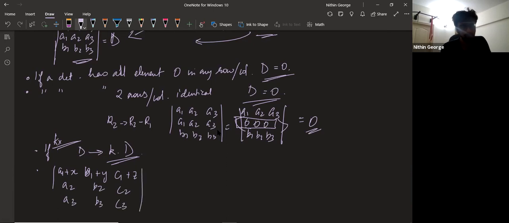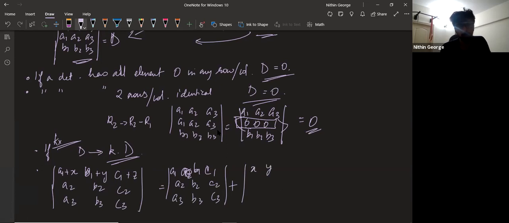Imagine the first row was expressed as a sum of two terms, a1 plus x, b1 plus y, c1 plus z. Then this becomes two determinants, a1, b1, c1 and x, y, z. Only along a row or a column can you split this as a sum of two determinants. The rest, everything remains the same.